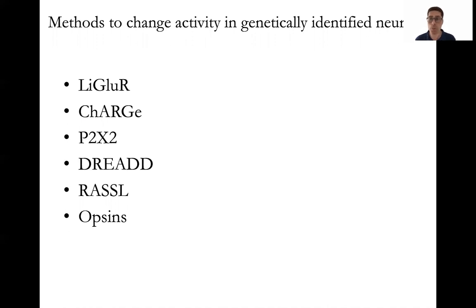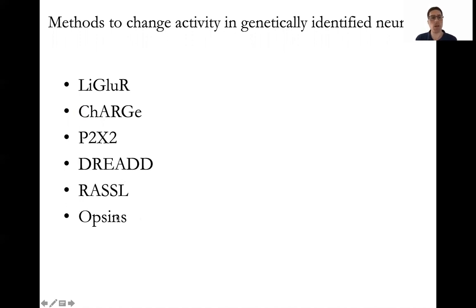So there's been a large push to apply these tools in a genetic specific manner where you can, again, as Francis Crick said, activate or inactivate all the neurons of one type as identified by their genetic identity. So I list here many of the methods that have been proposed and used over the years to varying degrees of success. Many of them are still in use, but the one I'm going to talk about today, I'm going to focus on optogenetics with respect specifically to opsins.